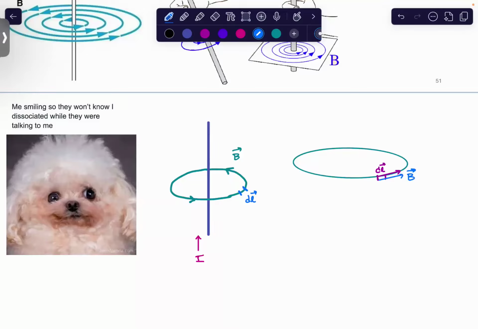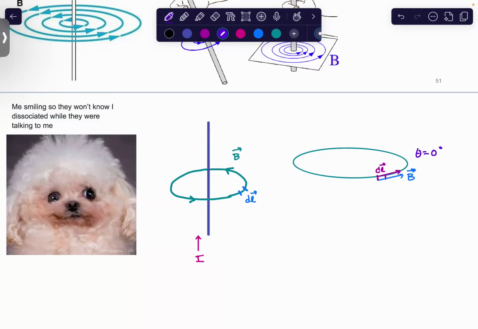Now, the reason this makes things easier for us is because, what is the angle between those two vectors? 0. So Ampere's law is all based off the magnetic field being parallel to your length element.